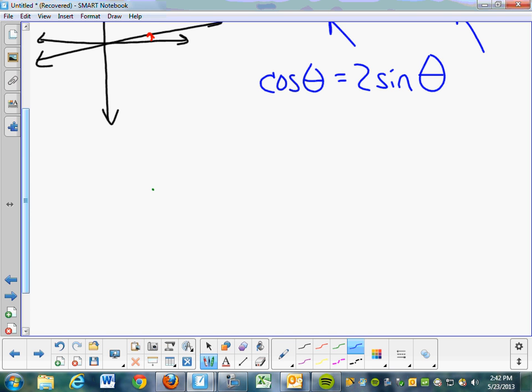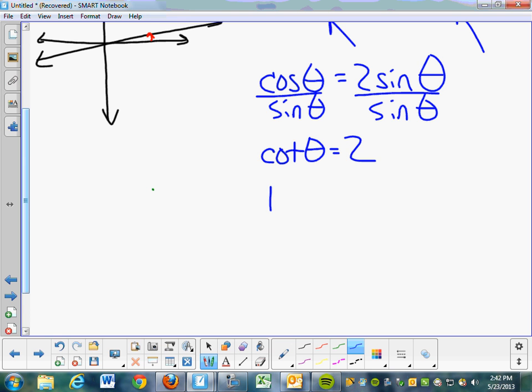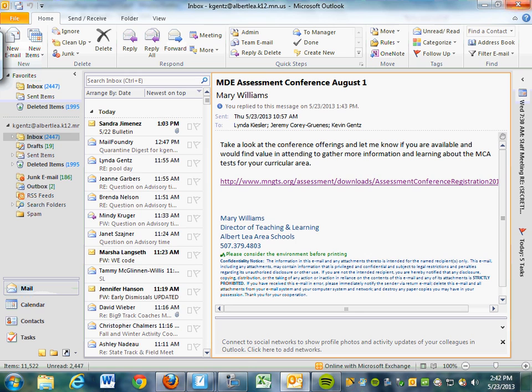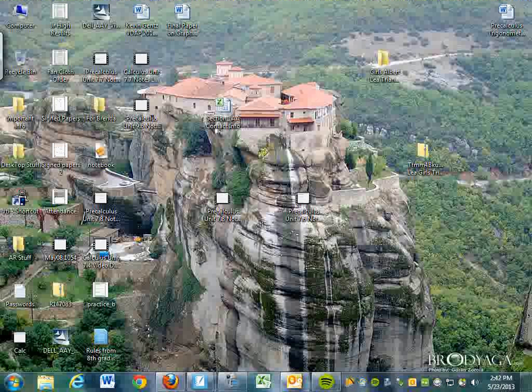Good. Say it. Good. Divide both sides by sine. You saw it. And if you do cosine divided by sine, you get cotangent of theta is equal to what? 2. Which means the tangent of theta is equal to 1/2. I have to solve for that. How do I solve for tangent theta equal to 1/2?